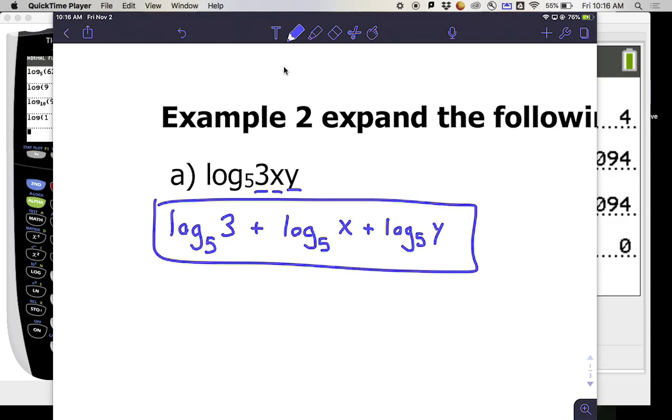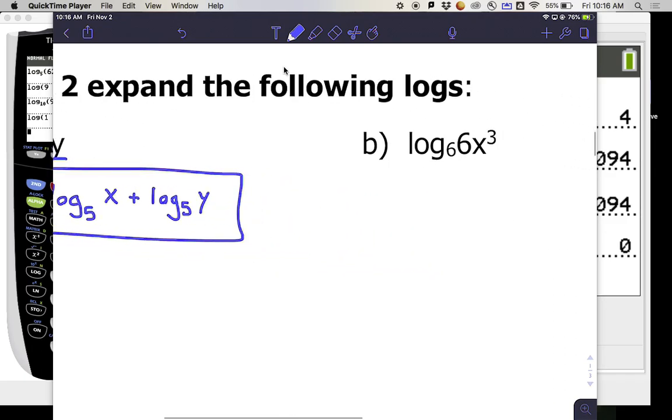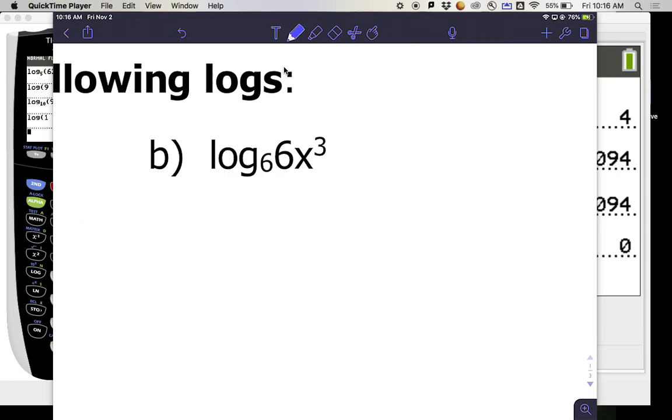All right, and this hopefully will help us really hone in our skills of doing our log stuff. Now with this next one here, you have two things you're multiplying, but notice this x cubed has an exponent. So first step, we're going to split it up as log base 6 of 6, and then plus log base 6 of x cubed.